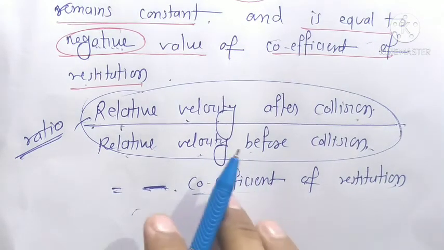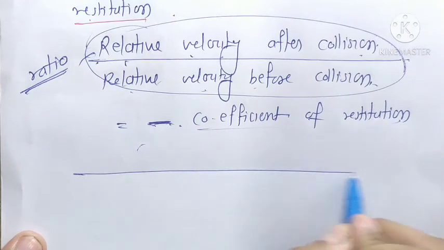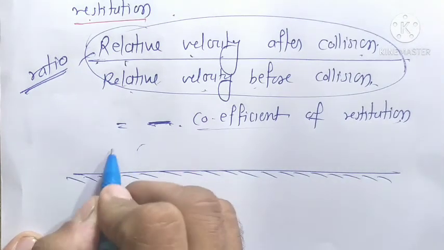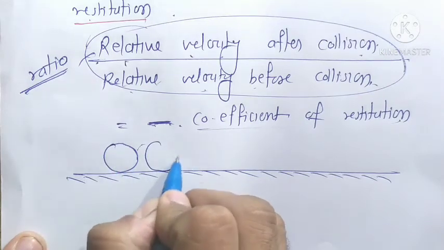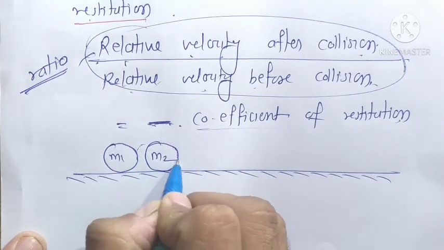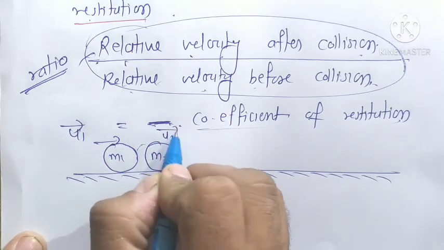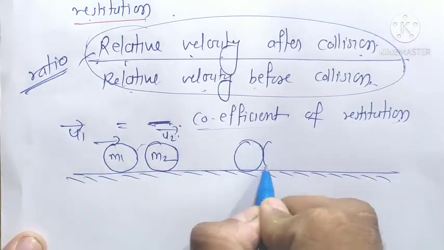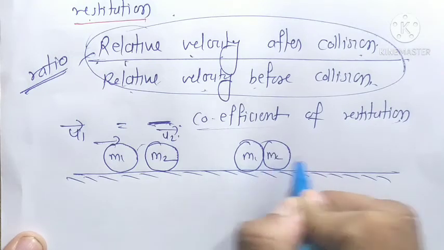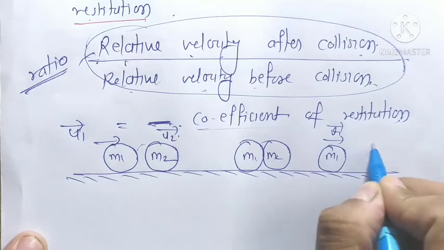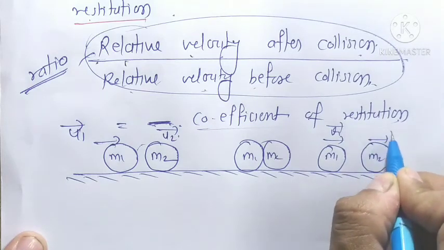So firstly, here we take a first body and this is the second body. The first body has mass m1, the second body has mass m2. The first body is moving with velocity u1, the second body is moving with velocity u2, and after collision their velocities change. The first body moves with velocity v1 and the second body moves with velocity v2.